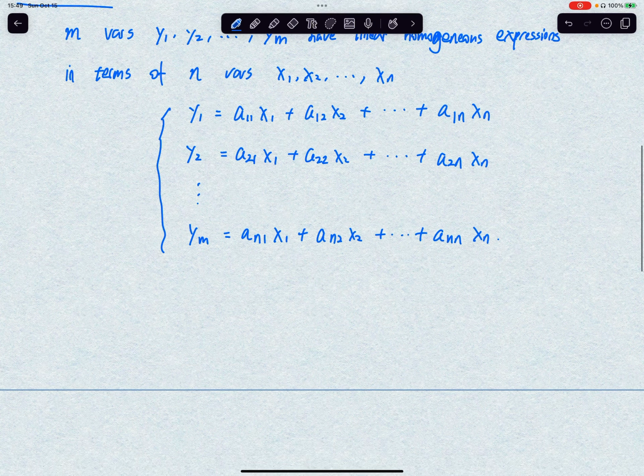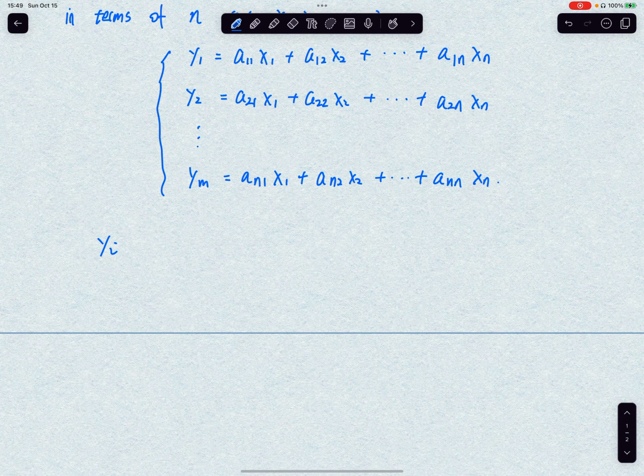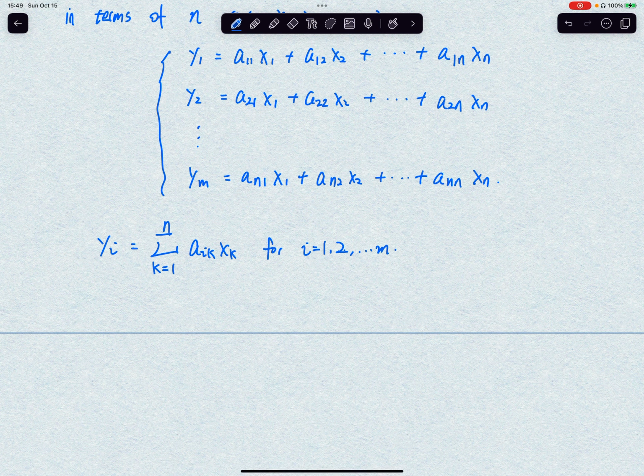And more concisely, we can denote it by yi equals the summation for k equals 1 up to n of aik xk for i equals 1, 2 up to m. Oh, sorry, this is m, not n.